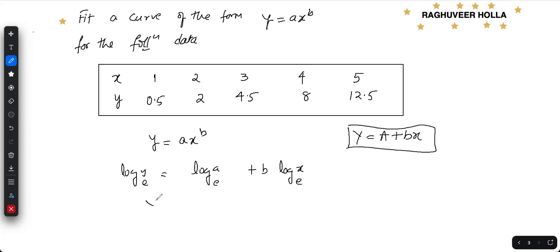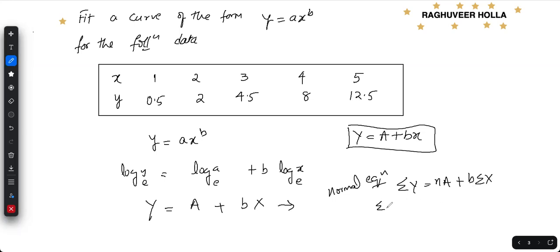Now this is in the form of capital Y, and this is capital A, plus b into capital X. The normal equations corresponding to this would be summation Y is n times A plus b summation X, and summation XY is A summation X plus b summation X squared.